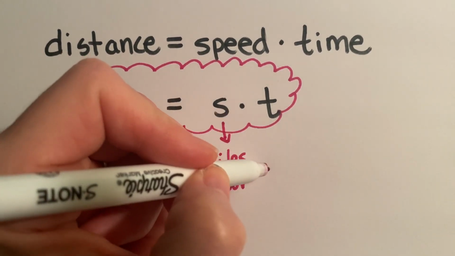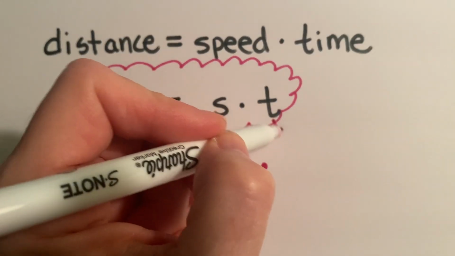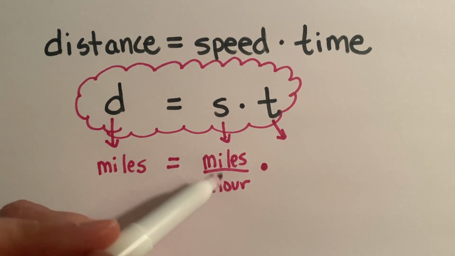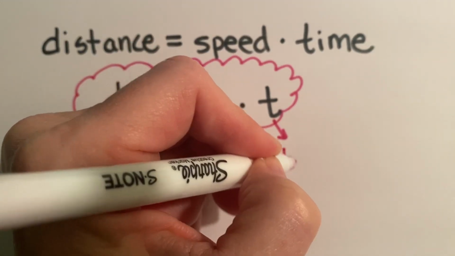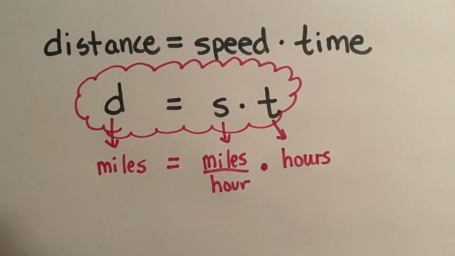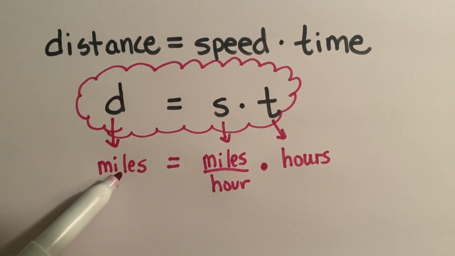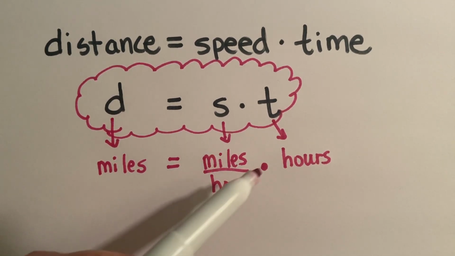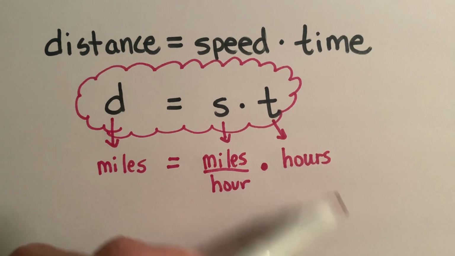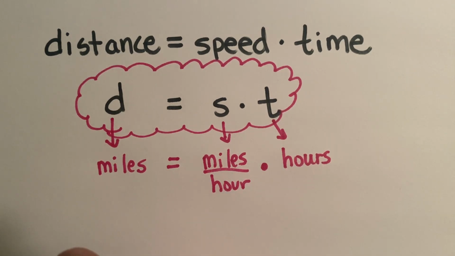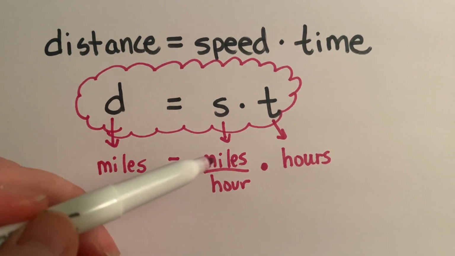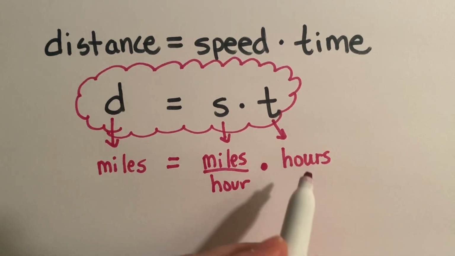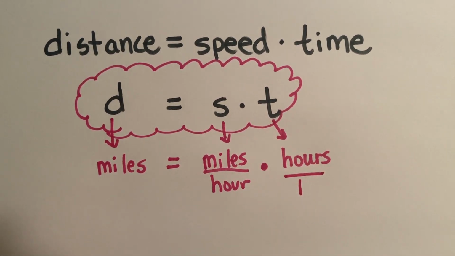And then we'll bring this multiplication sign down. And how could we measure time? Well, if our speed is measured in miles per hour, maybe our time could be measured in hours. So let's see if this is true. Do miles, which is a distance, equal miles per hour times hours? Let's think about that. Well, when we multiply with fractions, we often put a non-fraction over 1.